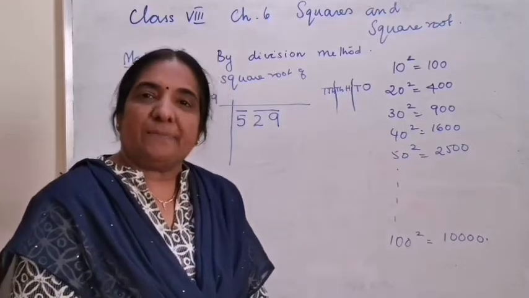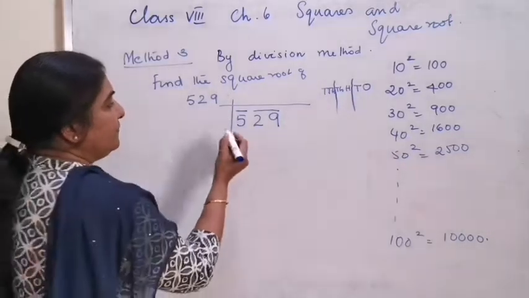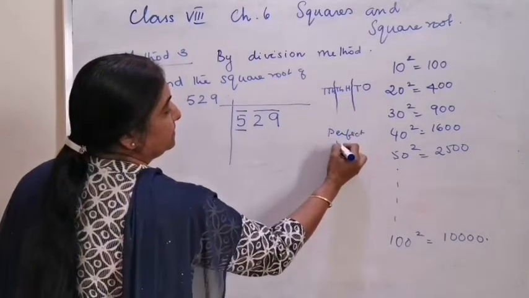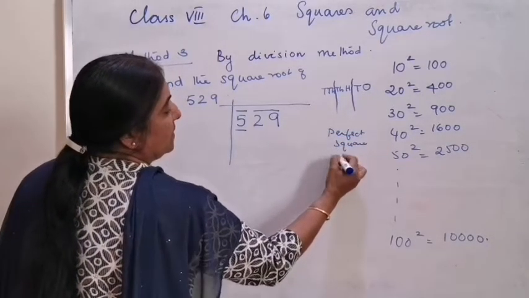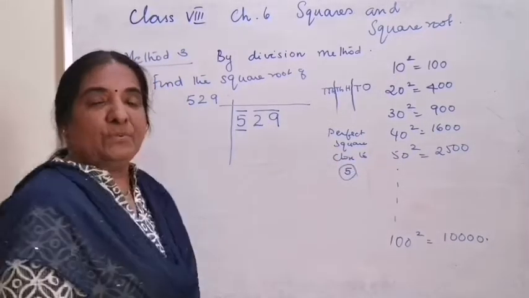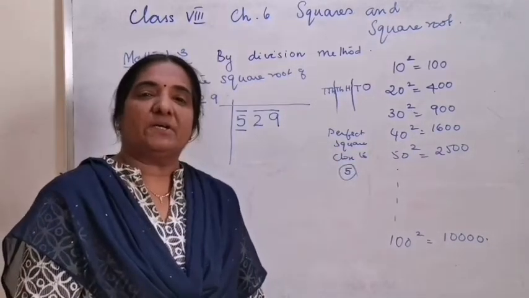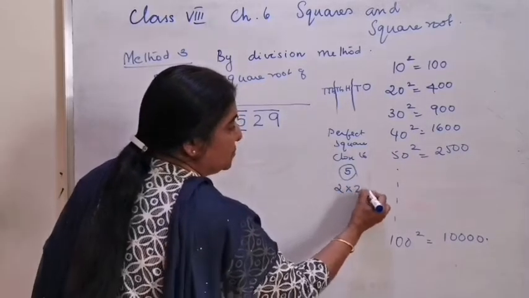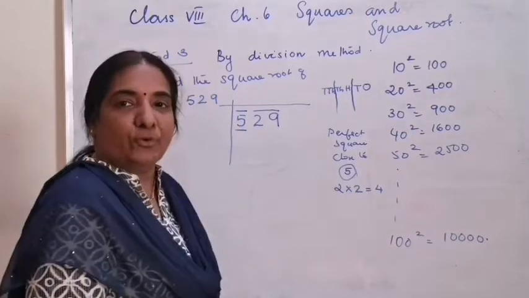So the first step is the first perfect square close to the digit 5. The perfect square number close to 5 is 2 into 2 is equal to 4.